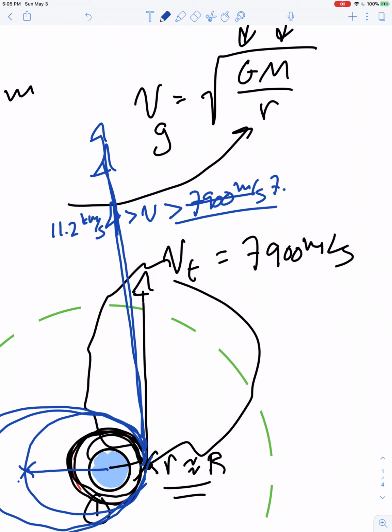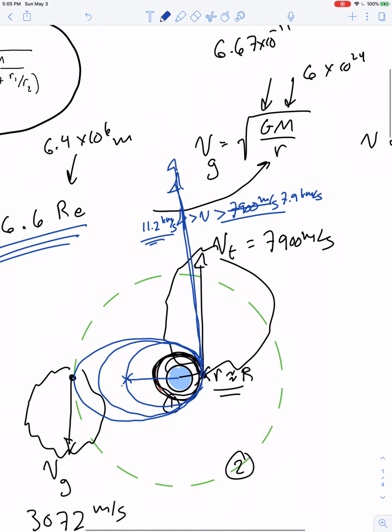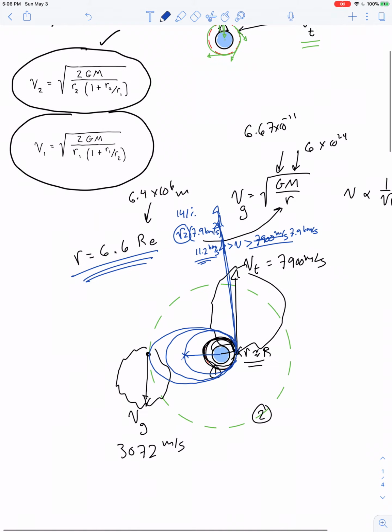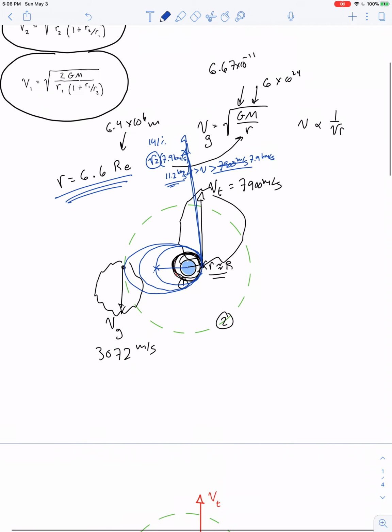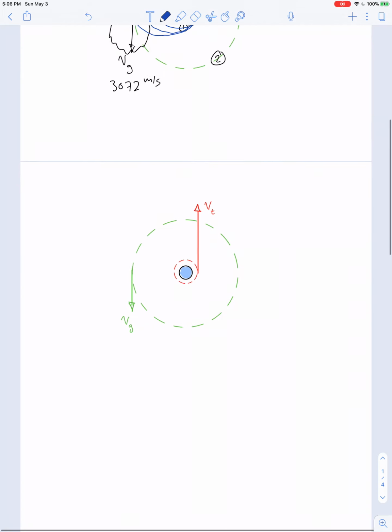Let's change this to 7.9 kilometers per second. You remember what this number represents, hopefully. That would be the square root of 2 times 7.9 kilometers per second. And once you increase the velocity of a circular orbit by more than 141%, or more than root 2, then you've achieved escape velocity.